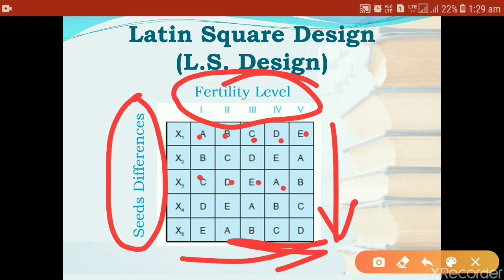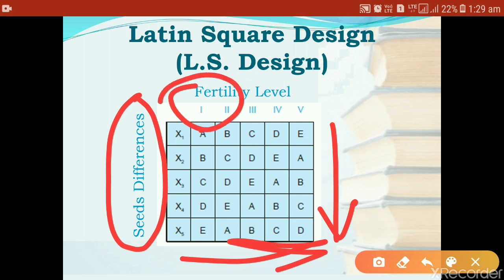Another type of seed is also put in all the fertility levels. Or you can say that for a particular fertility level, all types of seeds are put by making the rows and columns. So in each row we have one type of fertilizer in one block only.